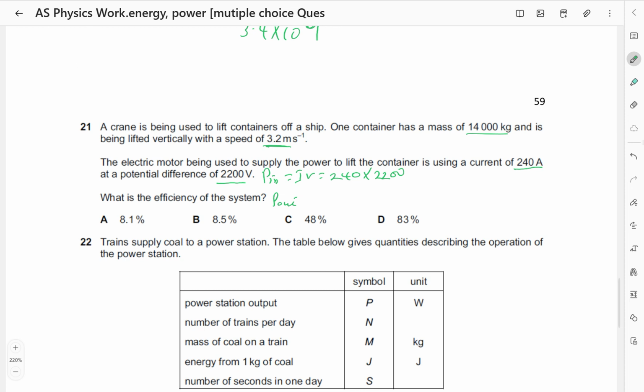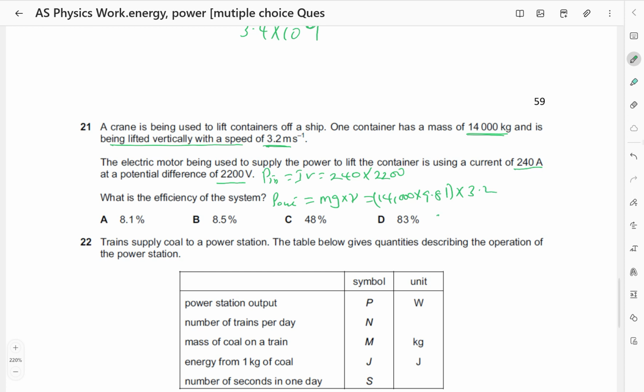One container has this mass and is being lifted vertically. So this is the work done. So the power output will be mg, which is the force, times the velocity v. So this is going to be mg, that is 14,000 times 9.81, because we are overcoming that weight, then times the velocity, which is 3.2.